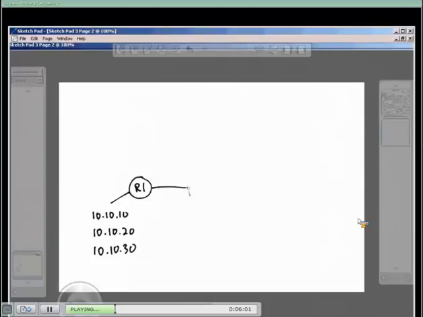These are all networks that it has connectivity to. And then there's a router in the middle, another router, and this network over here on the side, 10.10.40.0, 10.10.50.0. Yeah, you get the idea.